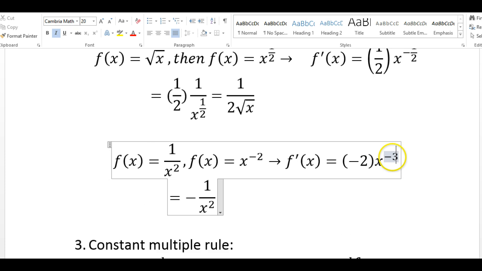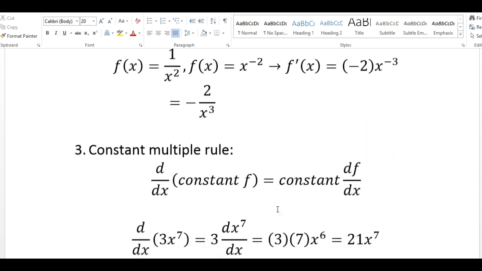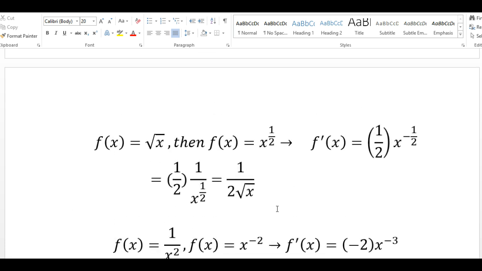Negative 3. And then if I clean this up, the negative 2 is still on top, but x to the negative 3 will become 1 over x to the positive 3. Is that okay? All right, so that's the power rule.